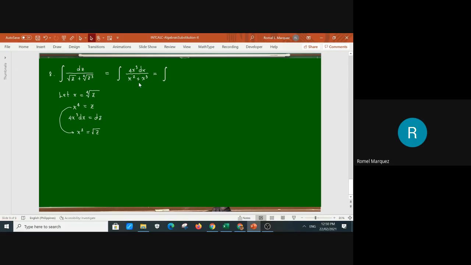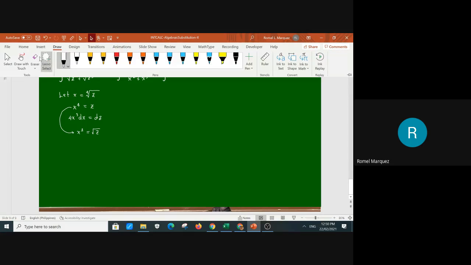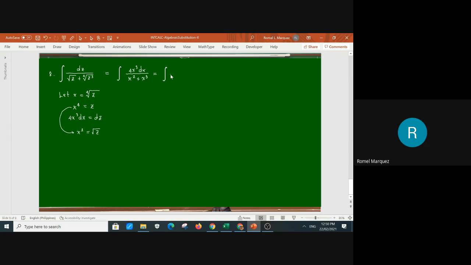I can factor out x squared in the denominator, giving x squared, then 1 plus x. Okay? In the numerator, I can have that as 4x squared times x dx.